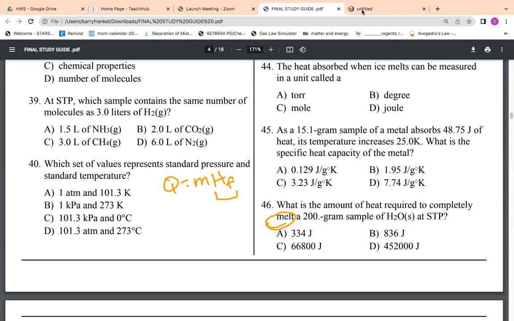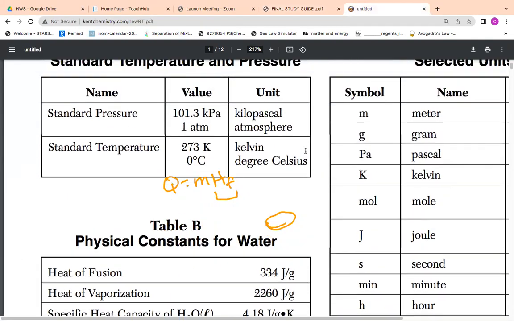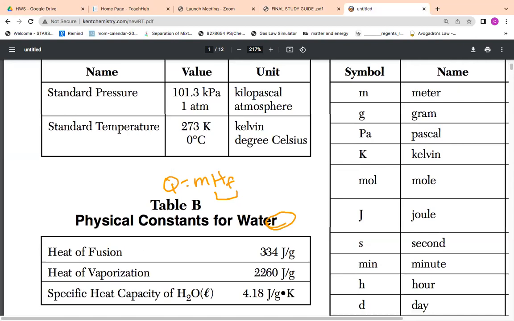I'll show you real quick right here. Here are the physical constants for water. Heat of fusion is 334 joules per gram. Again, what this means is that it takes 334 joules of energy or heat to melt 1 gram of water. And that value is different for every single substance. That is specifically just for water.